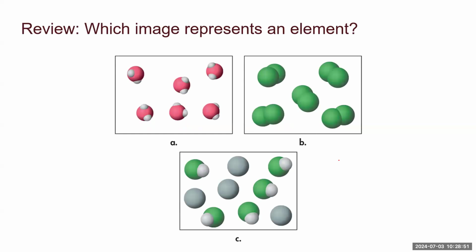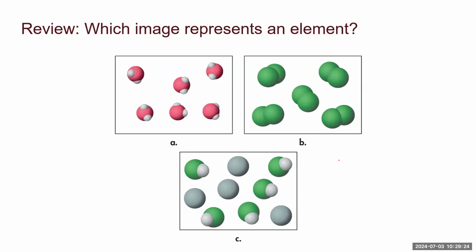We look at A, we've got a pink ball and 2 gray ones. Typically, whenever we're looking at something that has a ratio of 1 to 2, it's either going to be water, H2O, or carbon dioxide, CO2. And so those, carbon and oxygen, hydrogen and oxygen, individually are elements, but they make up a compound in model A. B, 2 green balls.